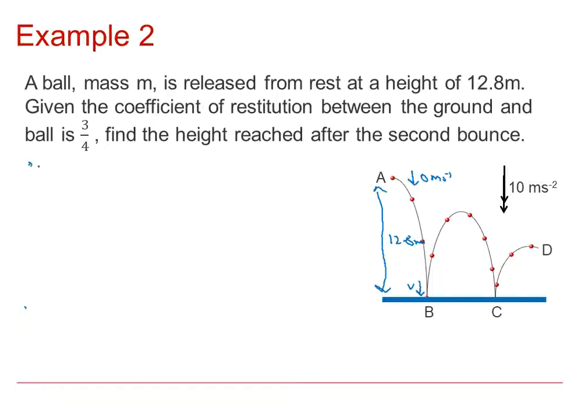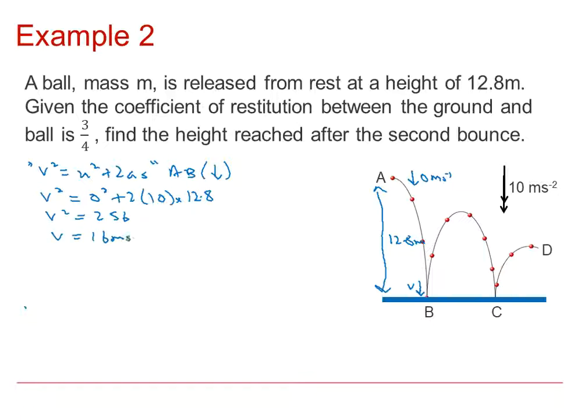One method would be to use v squared is u squared plus 2as, so go for a traditional SUVAT method from A to B, and it would be sensible to take downwards as positive. So v squared, the final velocity squared from the diagram, is v squared. The initial velocity squared is 0 squared plus twice the downward acceleration, given on the diagram as 10, and the displacement is 12.8 meters. So v squared is 256 and v is 16 meters per second.